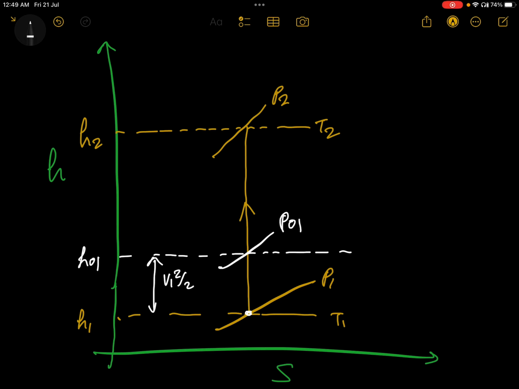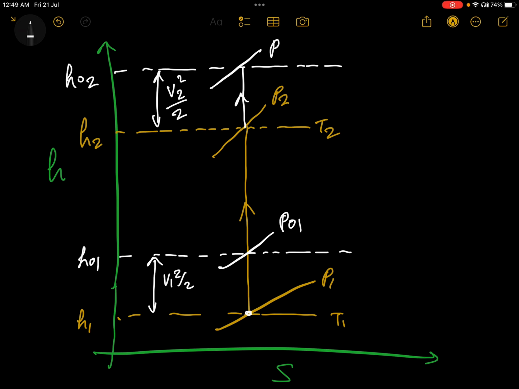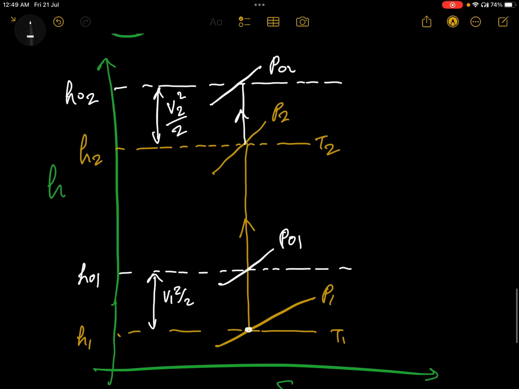From point 2, if we draw the stagnation state 2, we add V2 square by 2 and come to stagnation state 2. The stagnation pressure will be P naught 2 and temperature T naught 2, and T naught 1.